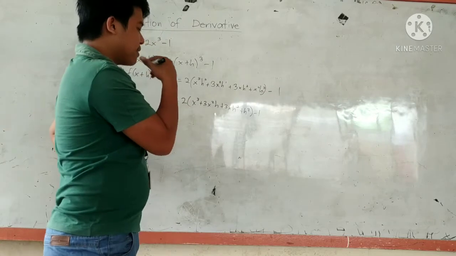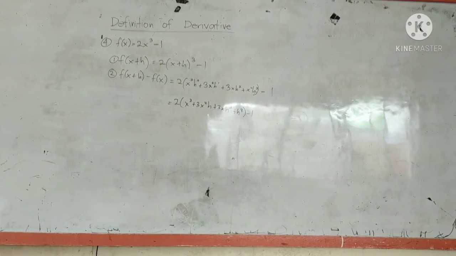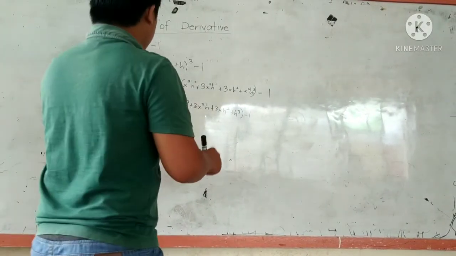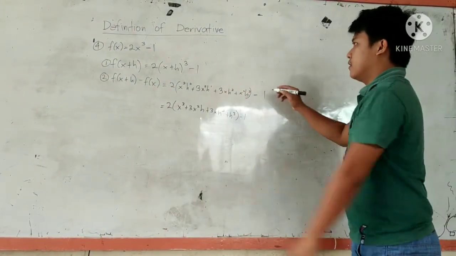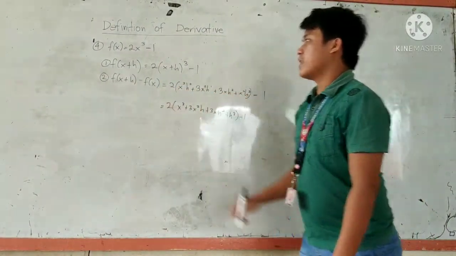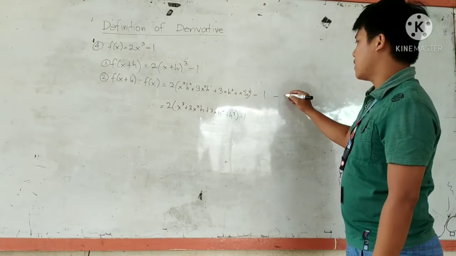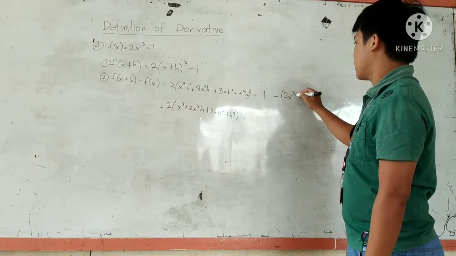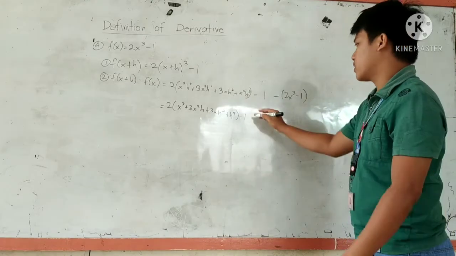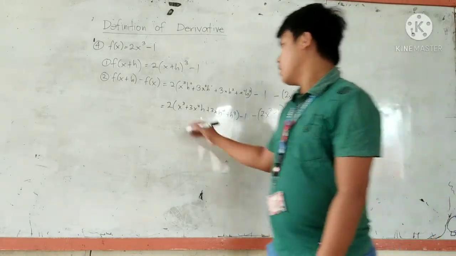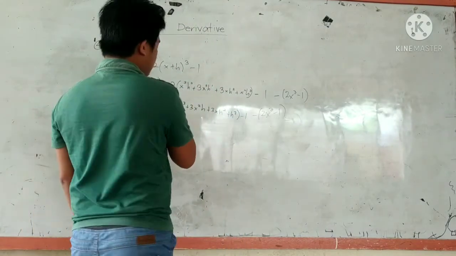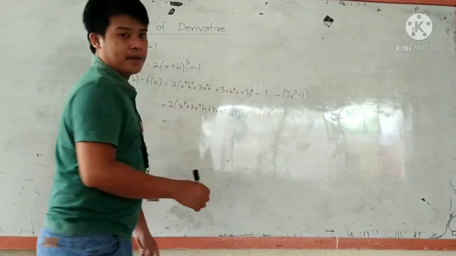Next, I'm going to distribute. Okay, so I forgot to write this part, minus f of x. So we will have minus 2x cubed minus 1, which is our original function. Okay. So now I'm going to distribute 2 for each term.